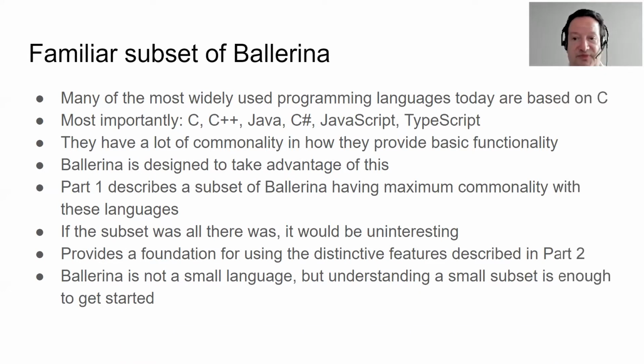They're all what you might call C family languages, and they all have an awful lot in common. How you do if, the overall syntax, there's a lot in common. If you know one of them, then you're quite far along. You can get started with all the others quite easily. And Ballerina is designed to take advantage of that. If you know one of these, it should be similarly easy to get started with Ballerina.